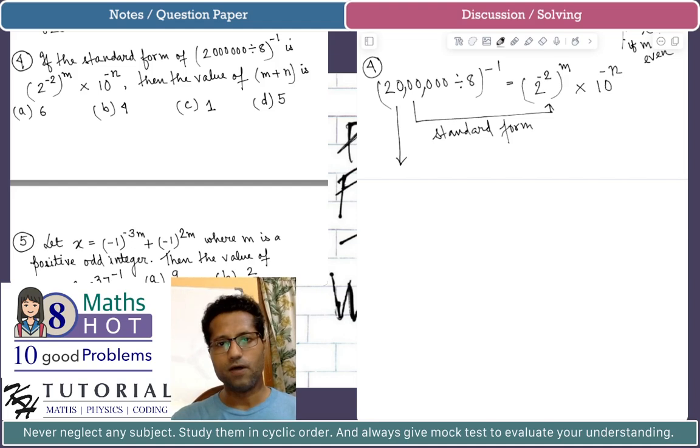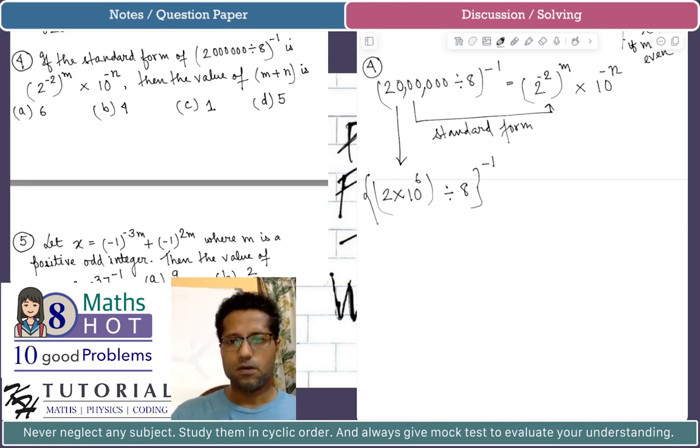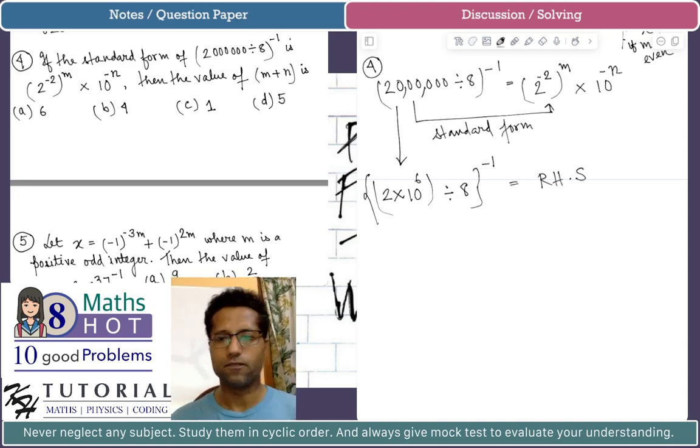After 2 there are 6 zeros, so we can write it as 2 multiplied by 10 to the power 6, divided by 8, and this whole raised to the power minus 1 equals RHS. I am not writing the right hand side now; later I will substitute RHS with the given standard form.